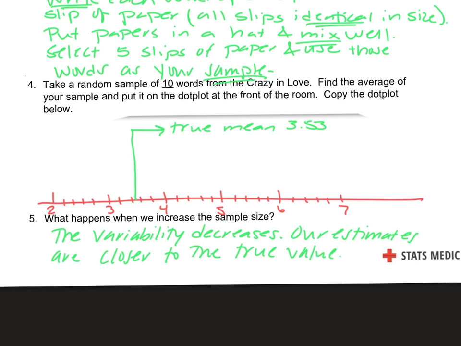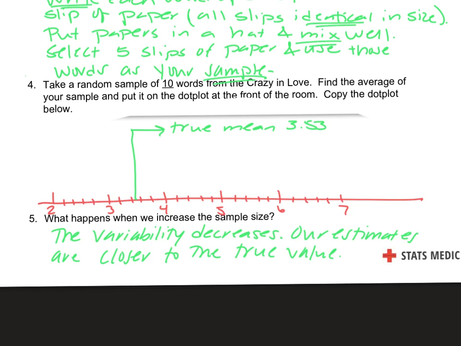I obviously can't put it in this video because I don't know exactly what it looks like, but I'm hopeful that if we've done this properly, the variability in this new dot plot will have decreased, meaning that it's not as spread out, or the points are not as far apart as they were in the first one, which we put up in number 1. With the variability decreasing, basically what's happening is that our estimates are getting closer and closer to that true value, which is the 3.53 that we know based off of the actual analysis of the song.